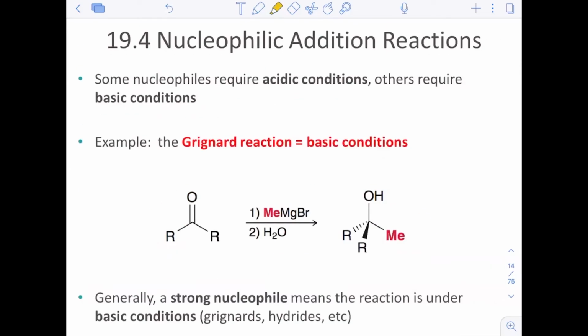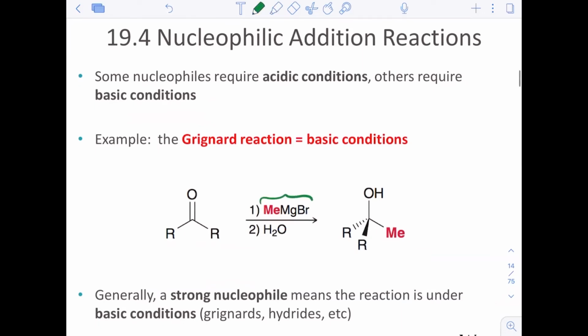Thinking about nucleophiles that require acidic conditions, we will see basic or acidic conditions. Now, Grignard reactions are going to be some of the reactions that we study in this chapter. Let's just pull this guy apart a little bit. Me is a CH3. It's bonded to a magnesium and a bromine.